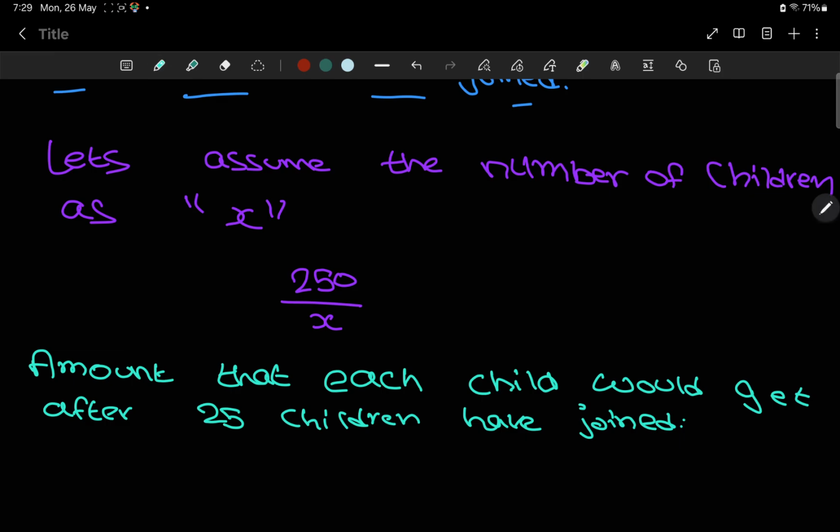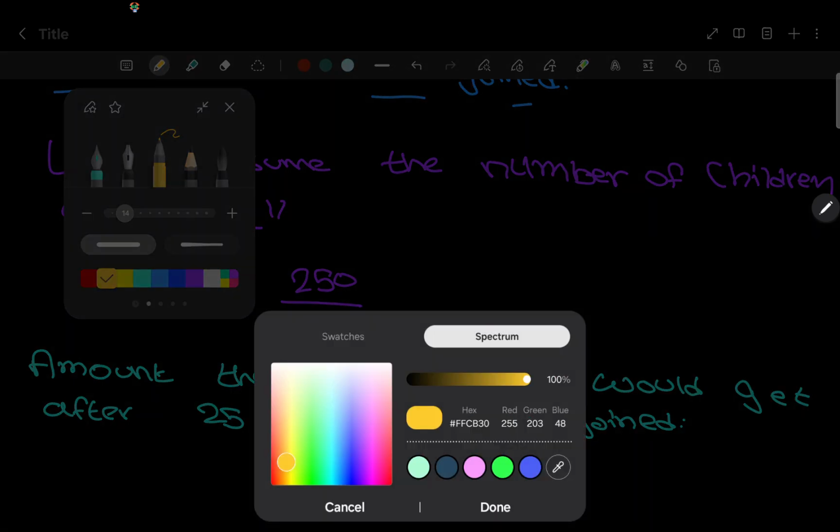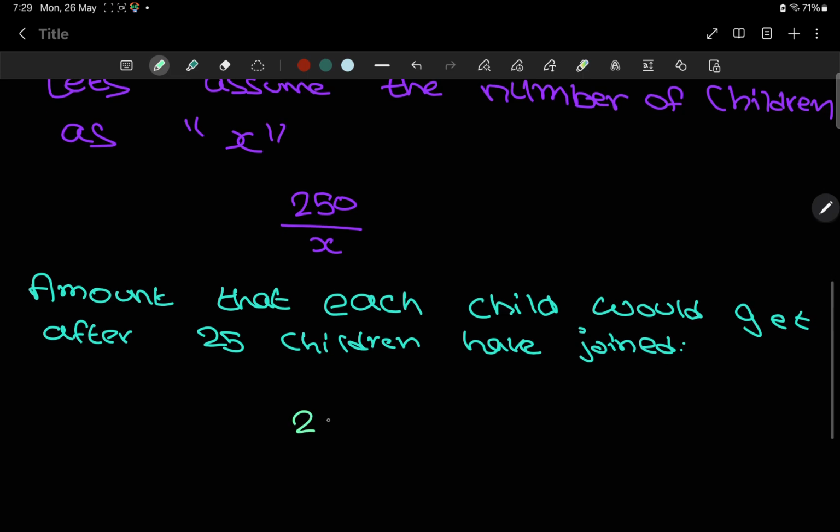So let's assume it as x. So it will be 250 by x plus 25, because 25 children were added. X plus 25, because it's after 25 children have joined. What is the original? X. So the original number of children is x. So after 25 members have joined, it will become x plus 25.